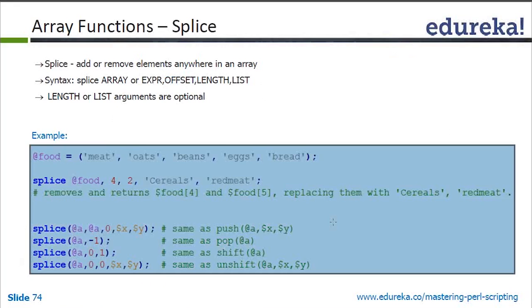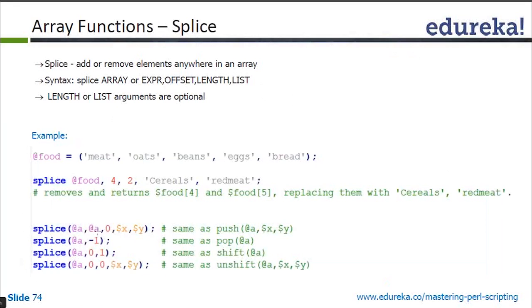So basically, when we do a splice, we are passing the arguments of a splice: first is the array, and second is the offset, length and list. You can also pass an array there.